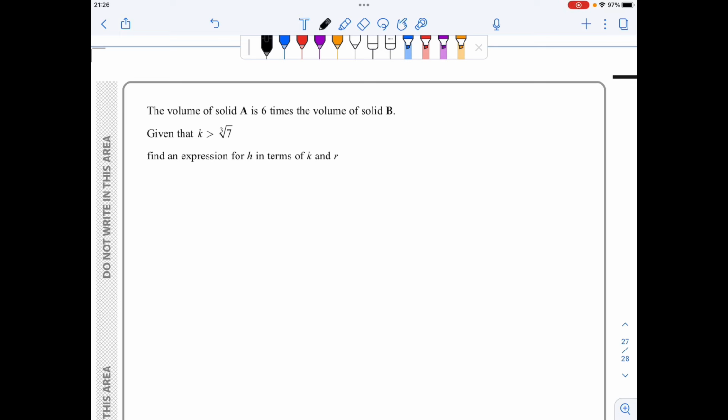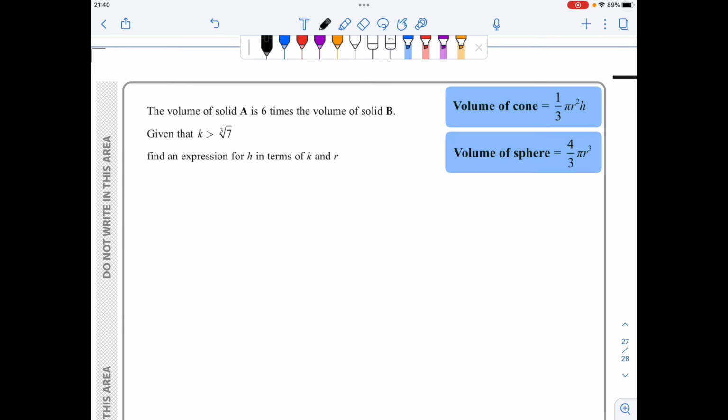So I'll have to calculate the volumes of A and B using the volumes for the cone and the sphere, which are the following. Let's start with the volume of A, which is equal to the volume of the large cone minus the volume of the small cone plus the volume of the hemisphere.